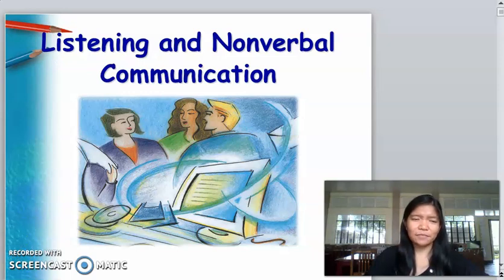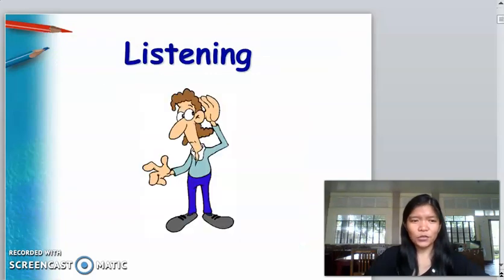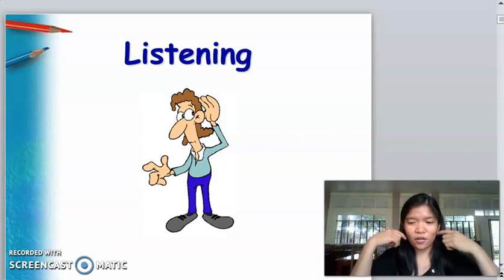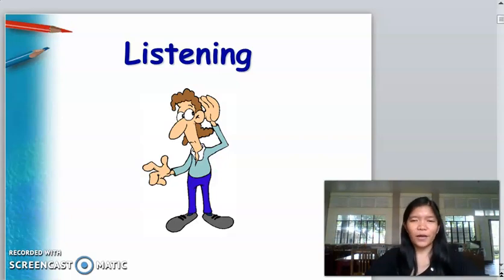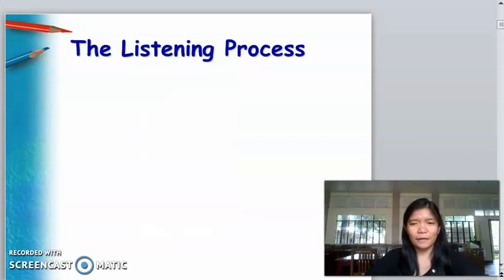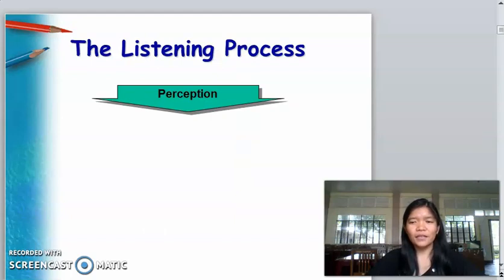Just what is listening? Let's take a look at what listening is. Listening of course involves your ear, but that does not mean you only have 2 ears. So here's the process of listening. First one, when you hear the information, you perceive the information.